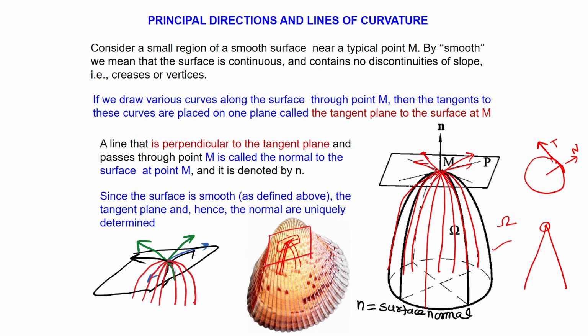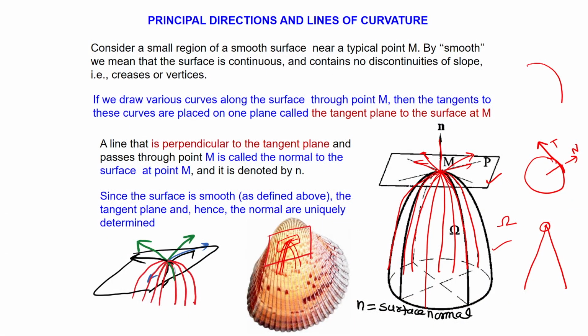Now, a line perpendicular to this tangent plane. This is a very important concept in shell, the concept of surface normal, not just the normal.